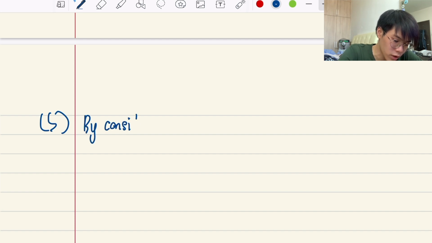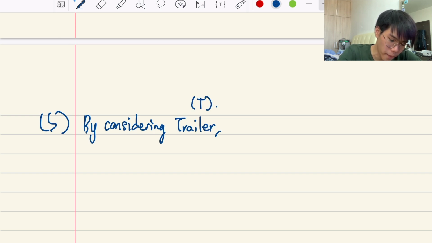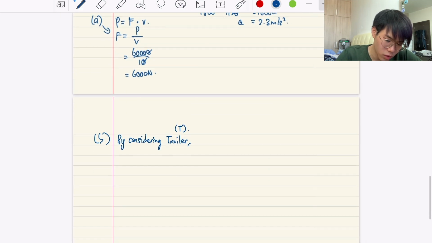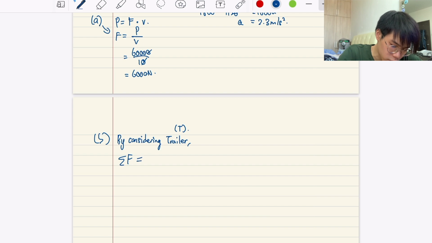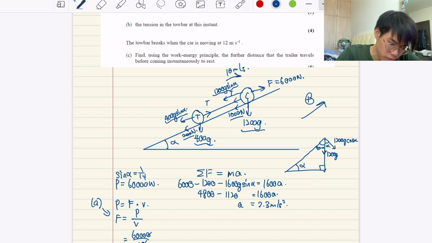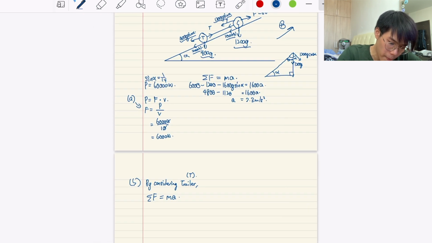By considering the trailer, which is T, the resultant force is equal to ma. So T minus 400g sine alpha minus 200 equals 400a.